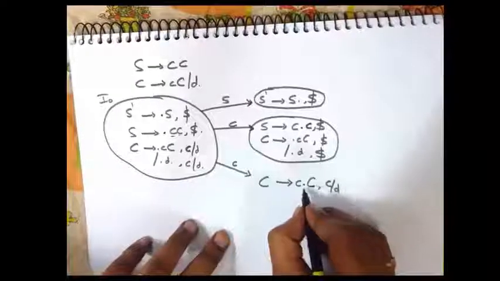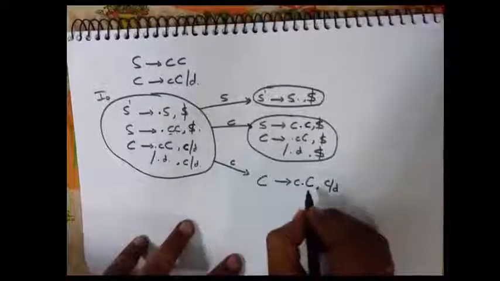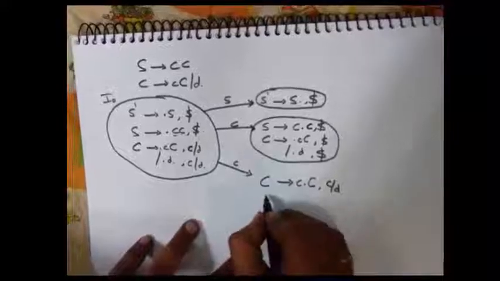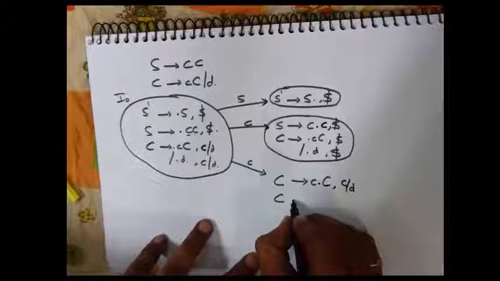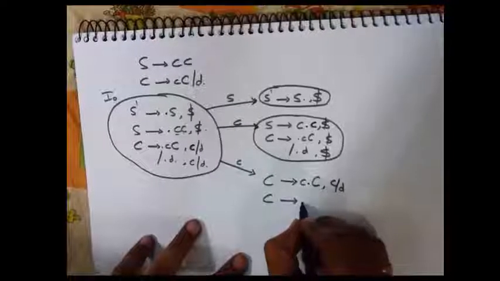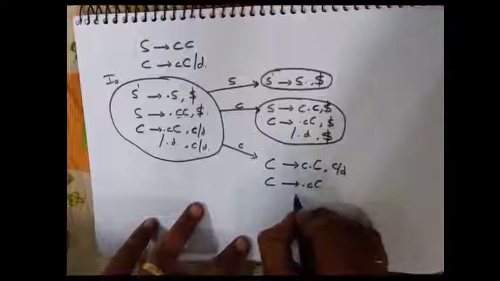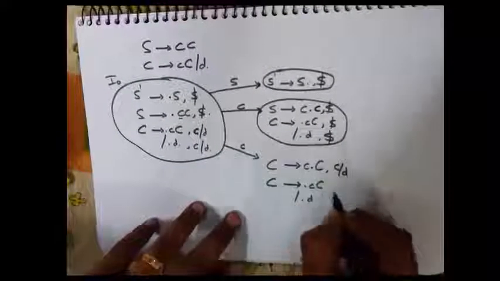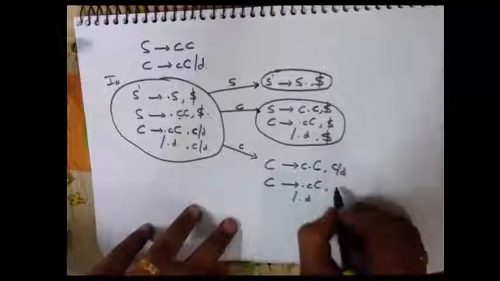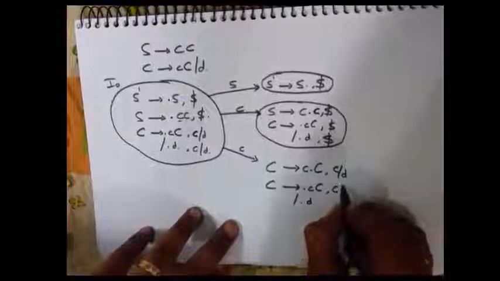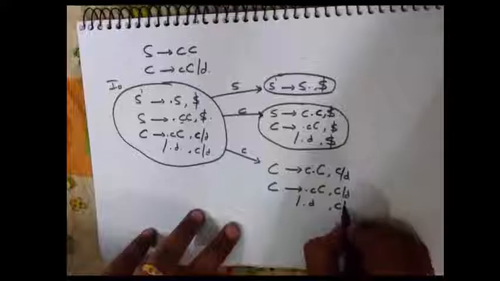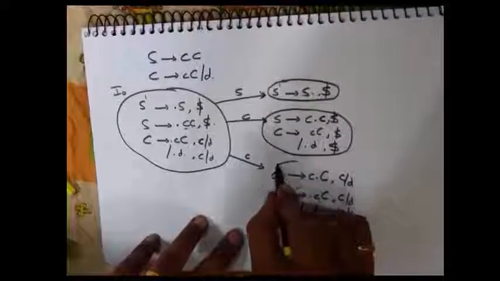There is a capital C expression after the dot, so we need to expand the C once again. Now C gives rise to dot CC and dot D, which has the same look ahead as the previous one, C or D. Let it be another state.